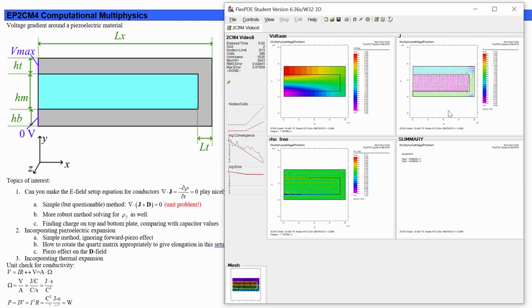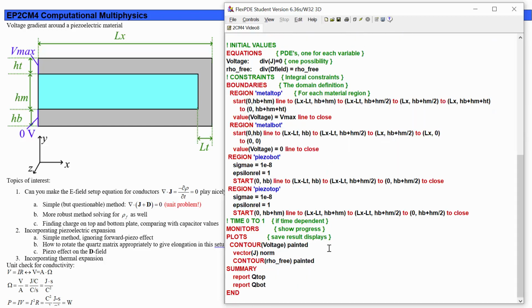Next thing we could do is use some vector calculus to compare with what's going on with the D field. If this was a pure capacitor, then what we'd expect is that the electric displacement field is entirely contained in just this middle region here. Let's actually check that.